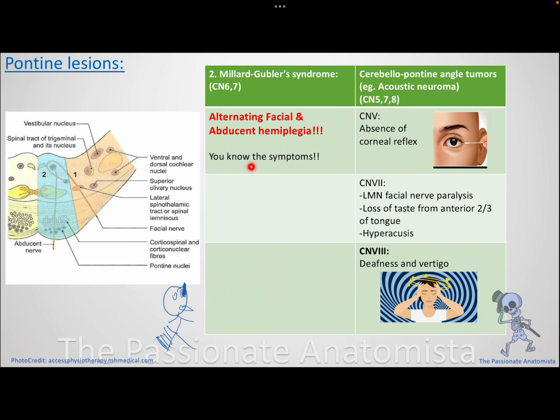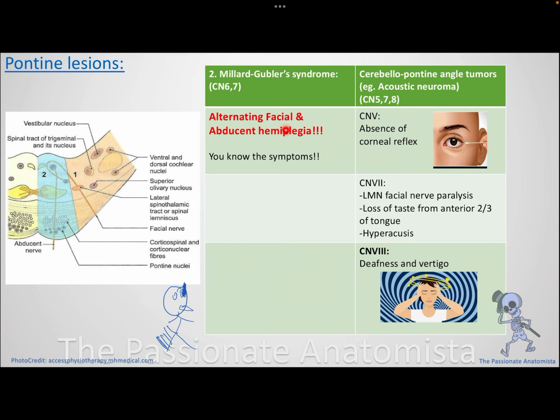What does that mean? It means I will have ipsilateral abducent and facial nerve injury, and contralateral hemiplegia in my body. So if I have a problem in the pons, I will have contralateral hemiplegia in the body, and ipsilateral facial and abducent.